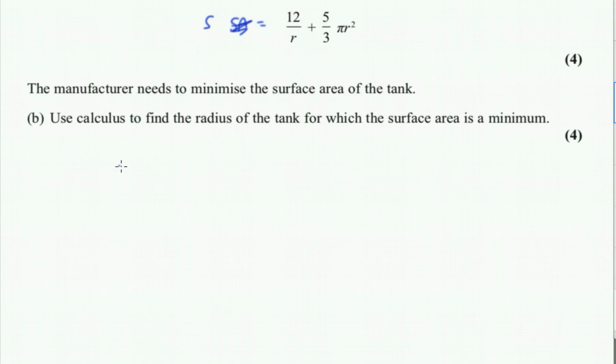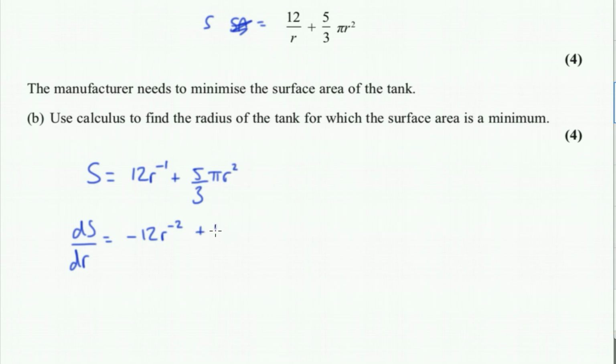We need this to be a negative power, so 12r to the negative 1 plus 5/3 pi r squared, and differentiate that. So ds by dr will equal, I need to move the power to the front and take one off the power, so that's negative 12r to the negative 2. r is the variable, so again 2 to the front, so that's going to be 10 over 3 pi r.